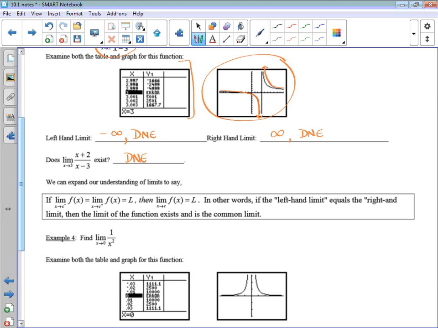Does it go to a specific value? Doesn't that go to a specific number?